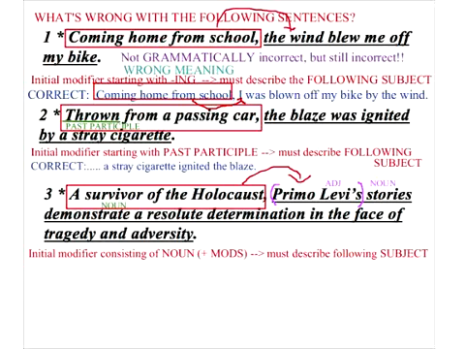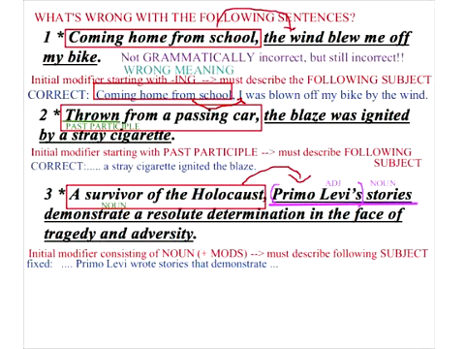That's incorrect because Primo Levi's stories are not a survivor of the Holocaust. Primo Levi himself was. So to fix this, you need to have Primo Levi himself as the subject: Primo Levi wrote stories that demonstrate a resolute determination in the face of tragedy. Smiley face if that makes sense.